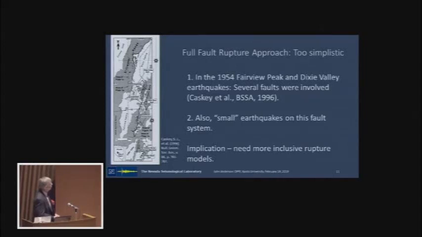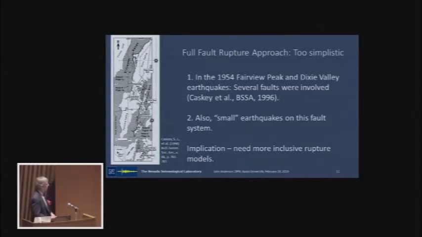And what it identifies is that during this Fairview Peak and Dixie Valley earthquake sequence, a large number of faults were involved, not just one. Also, there were a number of smaller earthquakes on the fault system. So the idea of defining a single maximum, full-length rupture earthquake is overly simplistic.